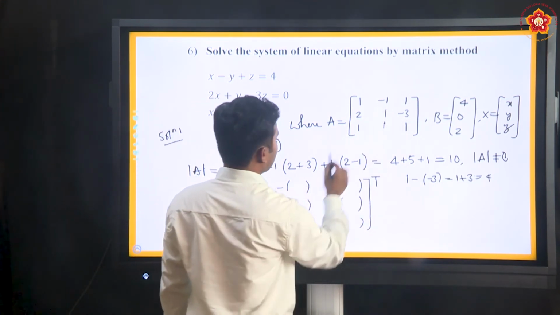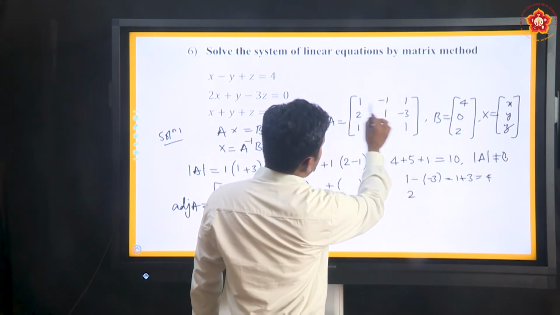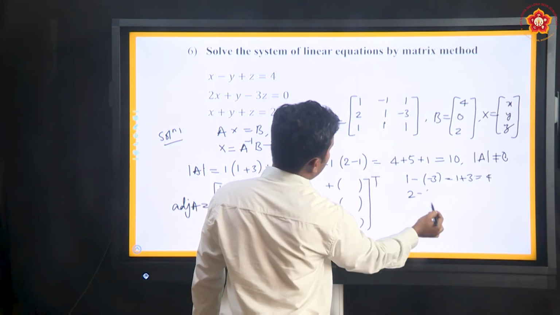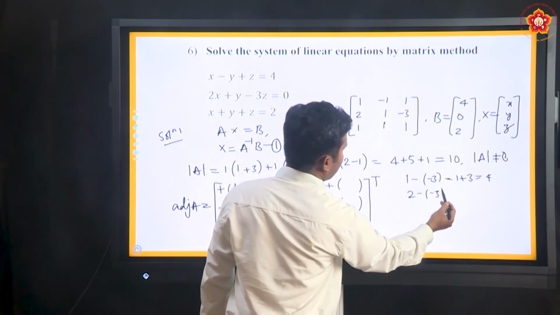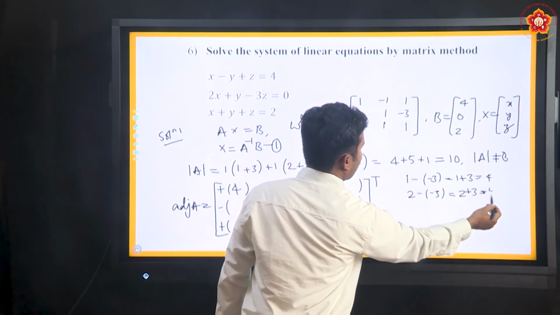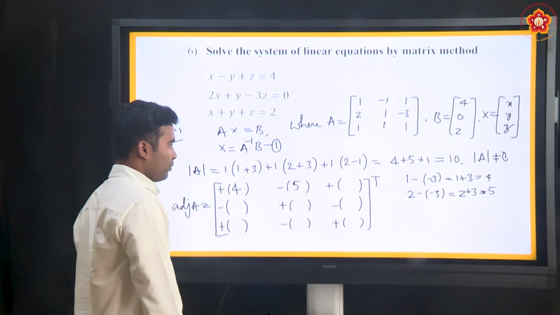Similarly, this entry. So delete the first row, second column, 1 into 2 is 2, minus of minus 3 into 1 is minus 3. So the answer is 2 plus 3 is equal to 5. Okay, this value is 5.